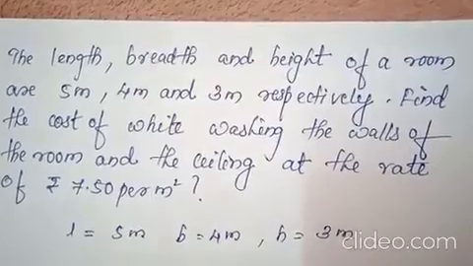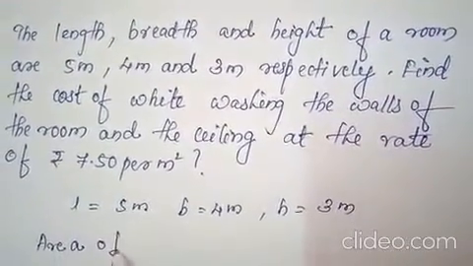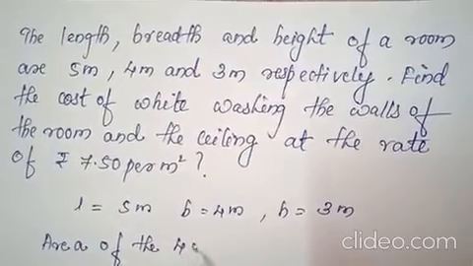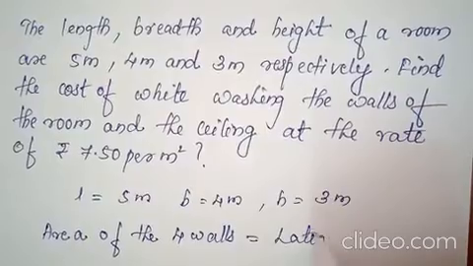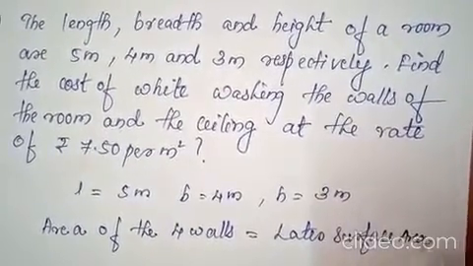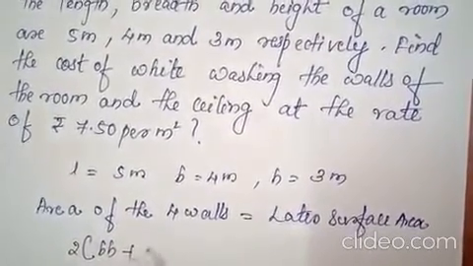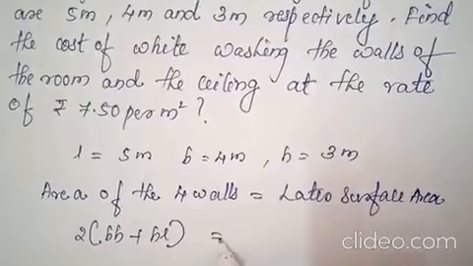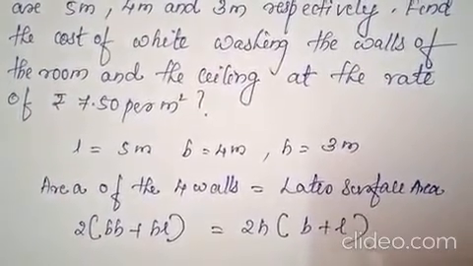While painting, we have to find the area. Area of the 4 walls equals lateral surface area, LSA. So 2 into BH plus HL equals 2H into B plus L. Got it?